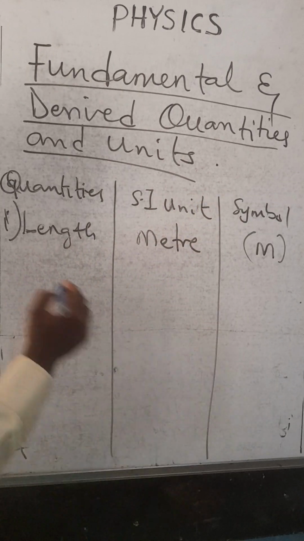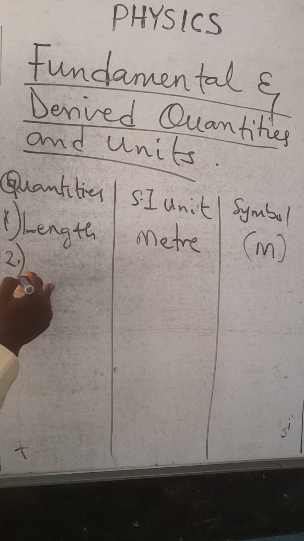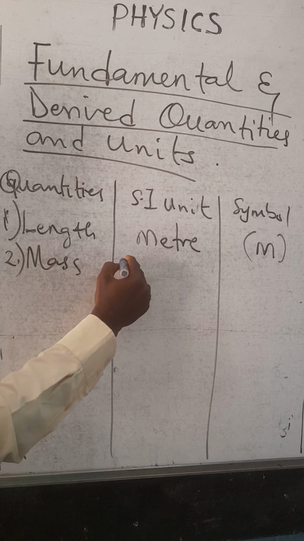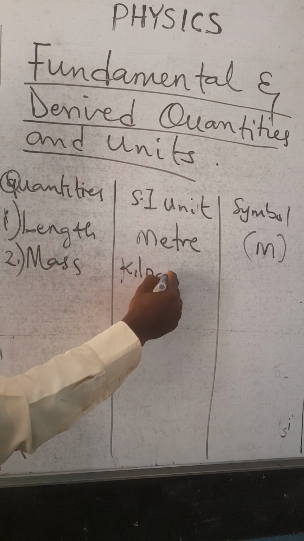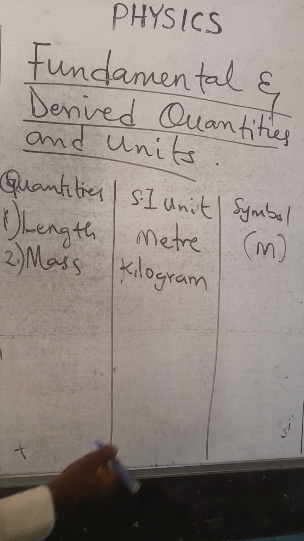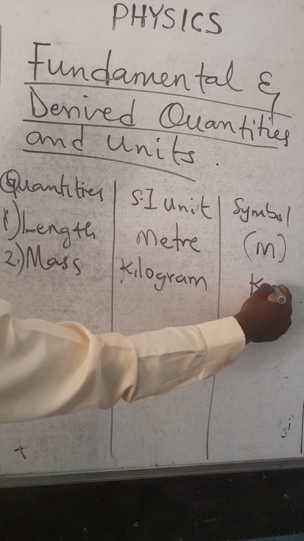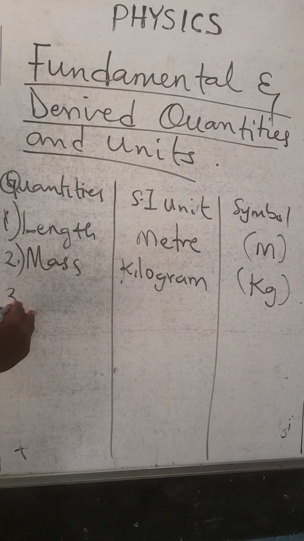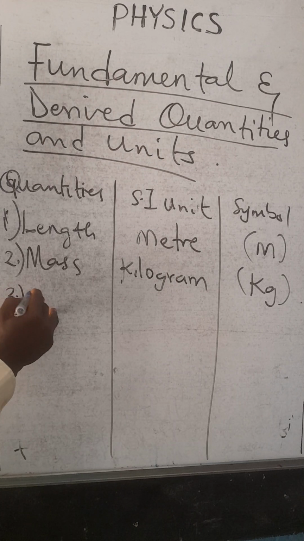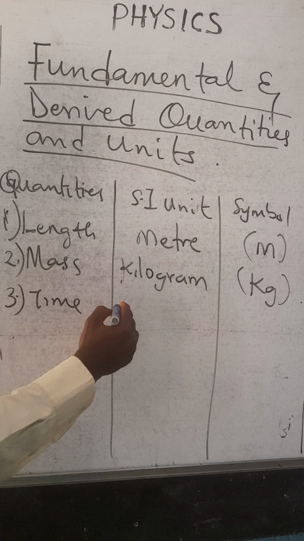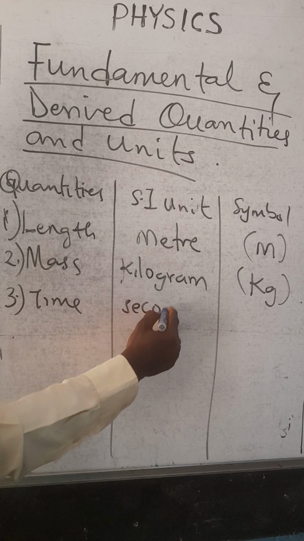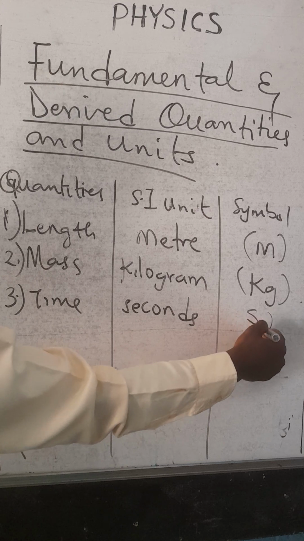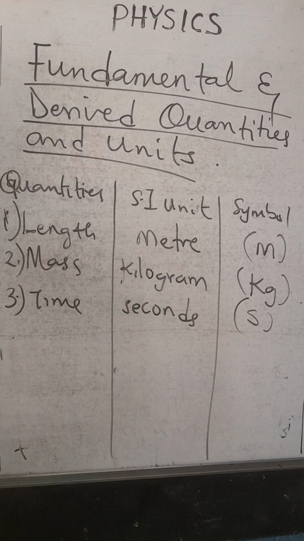The second one is the mass, measured in kilogram, and the symbol is kg. We also have time, measured in seconds, as its SI unit, with s as the symbol.